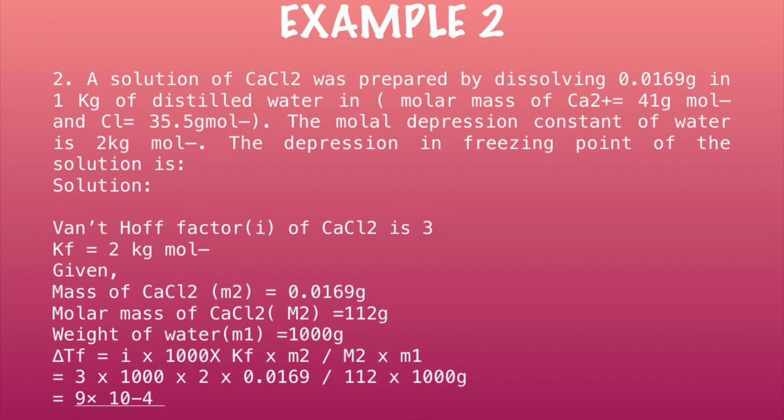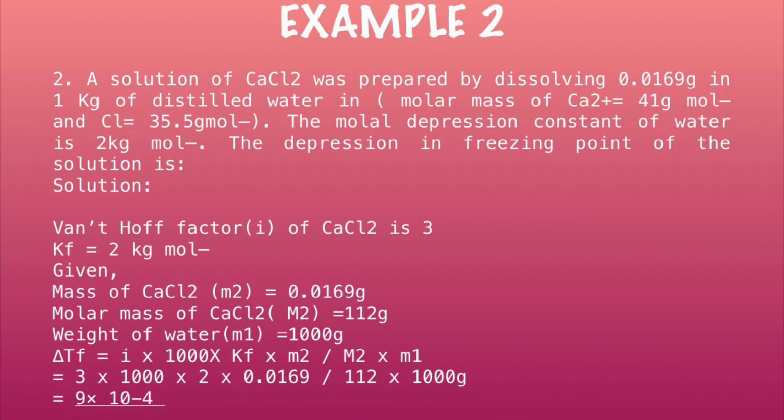Given mass of calcium chloride, m2, equals 0.0169 grams. The molar mass of calcium chloride, M2, equals 112 grams, and the weight of water, M1, is 1,000 grams.